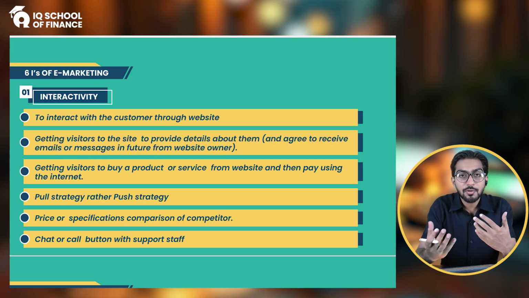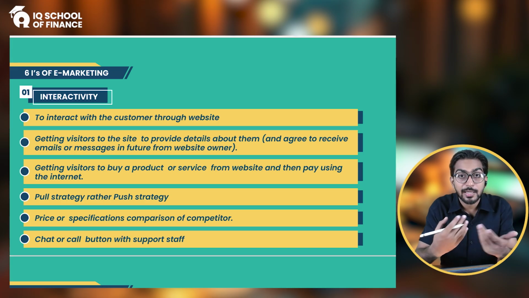When you bring the customer to the website and show them your products and services, and you also ask them to make an account, provide their contact number or email address, you are interacting with the customer, not just showing the website. The customer is interacting with you, and the customer is giving you the consent that you can contact them in future regarding your products and services.